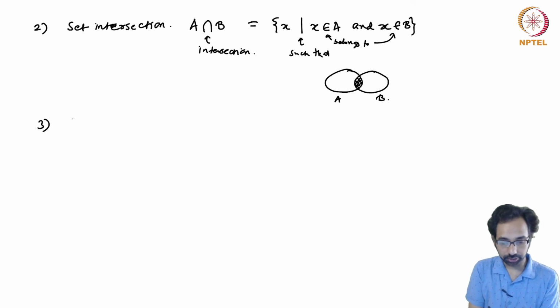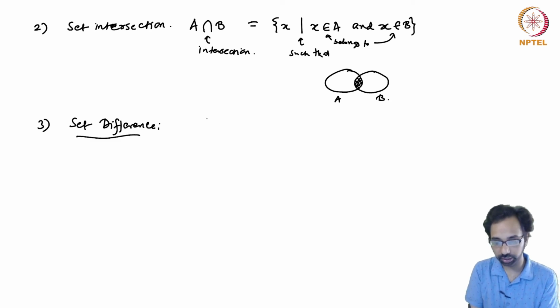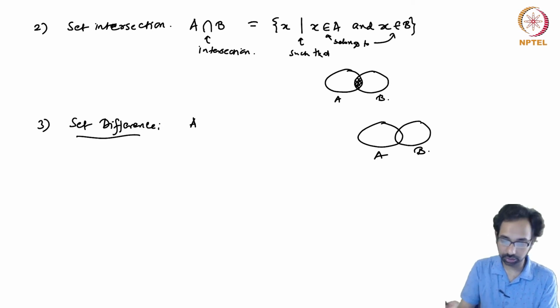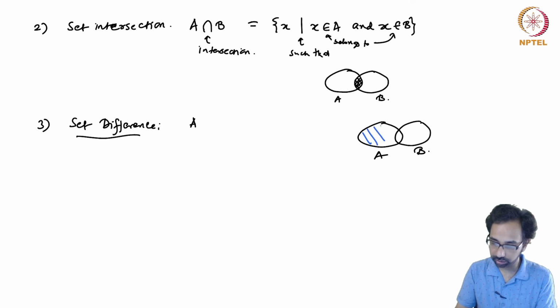Okay, set difference is another operation, and here also we have already seen it. In Venn diagram form, you have two sets, then the set difference is just something that belongs to one set but not to the other.